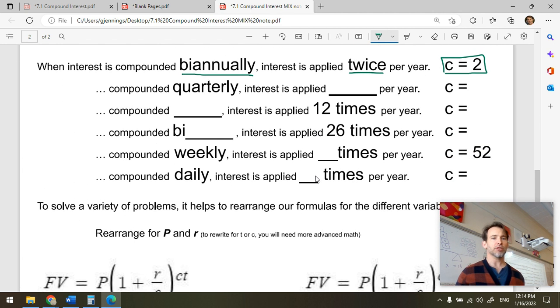Okay, now if interest was compounded quarterly, how many times would that interest be applied each year? 4, once per season. So that's 4 times per year. And C would then be 4. If we were applying interest 12 times per year, what do you suppose the word for that is? Monthly. Good.